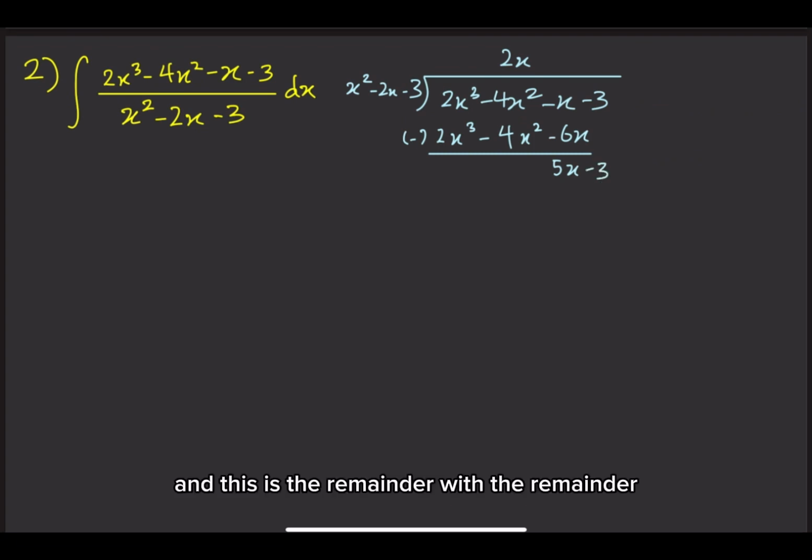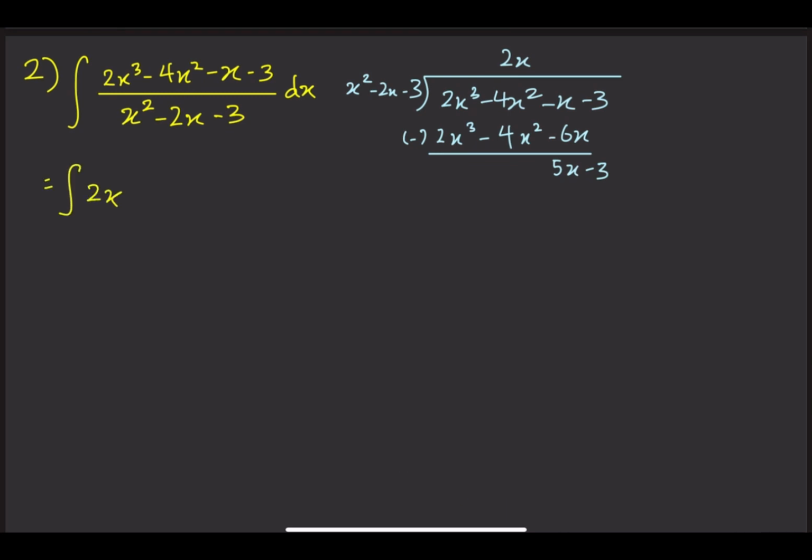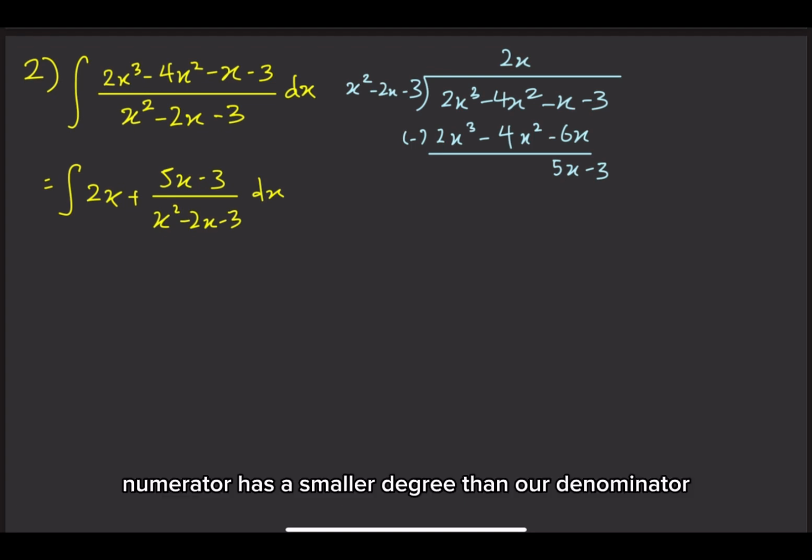With the remainder, our new integral is the integral of 2x plus (5x minus 3) divided by x squared minus 2x minus 3 dx. Now we can see that our numerator has a smaller degree than our denominator, and therefore we can start our integration by partial fractions.